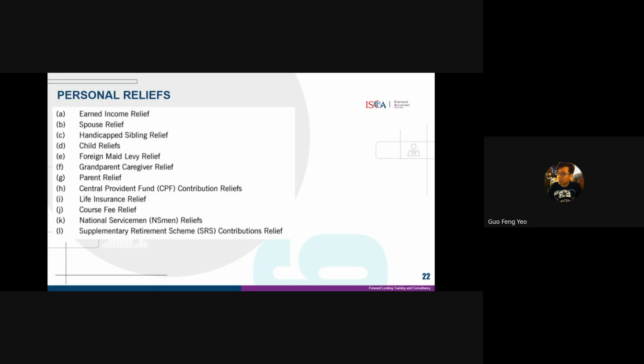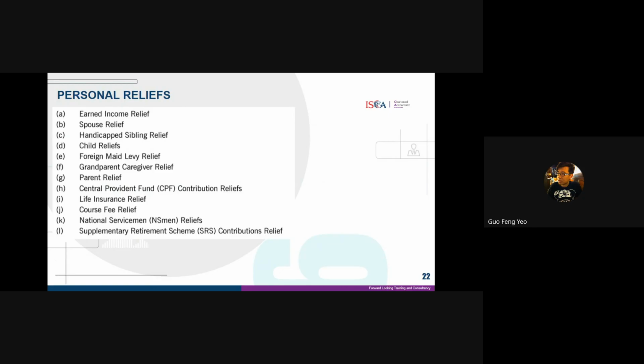Next, we come to the personal relief section. So in this slide, we see the reliefs that are available to the individuals subject to conditions. So what are the reliefs then? A, earned income relief. B, spouse relief. C, handicapped sibling relief. D, child reliefs.